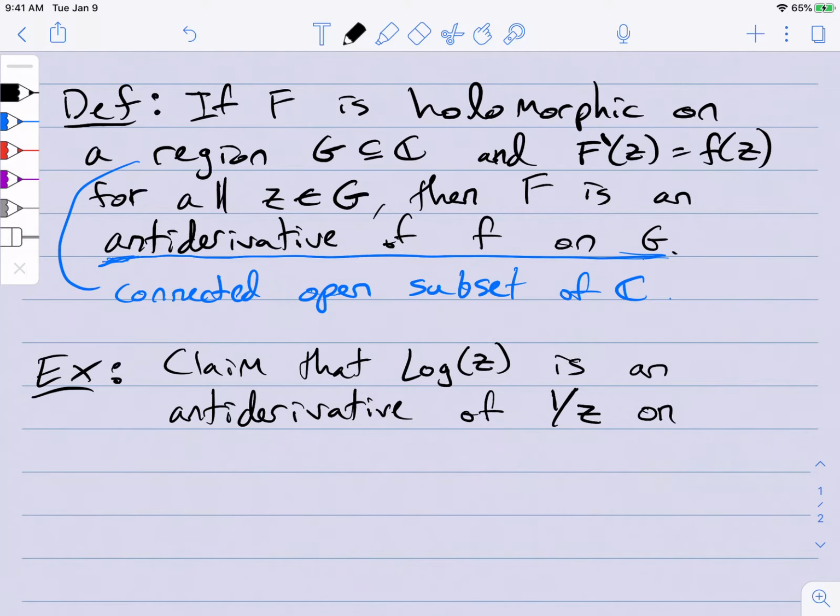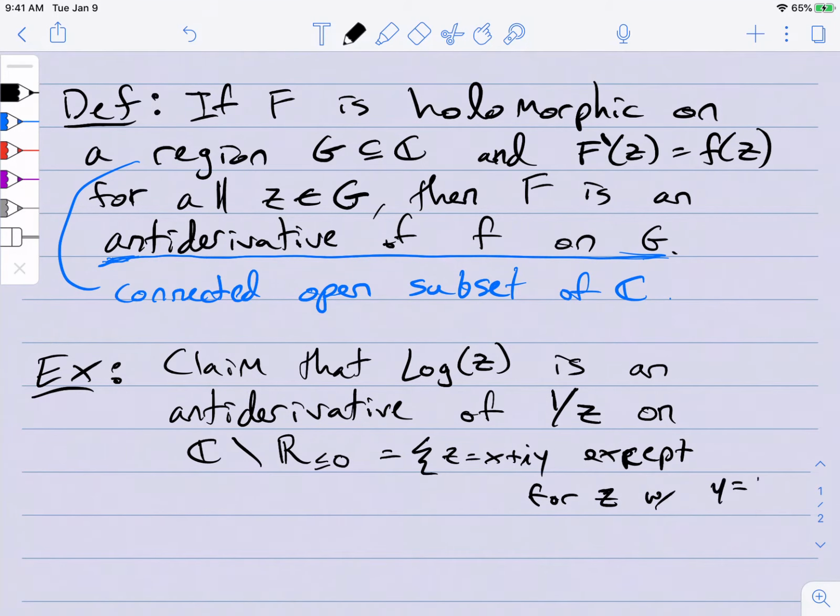on the region, which I'll write as C minus the set where r is less than or equal to 0. So remember, this is just the set of all z except for z with y equals 0 and x less than or equal to 0.